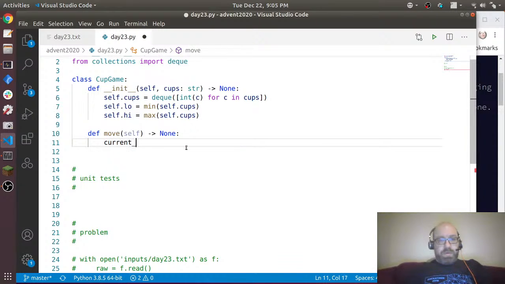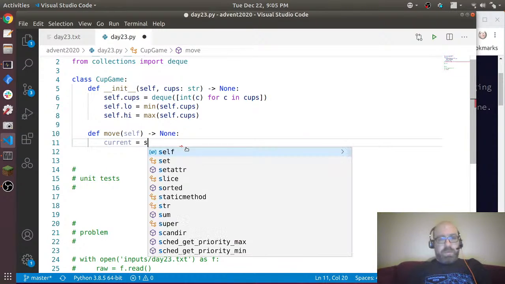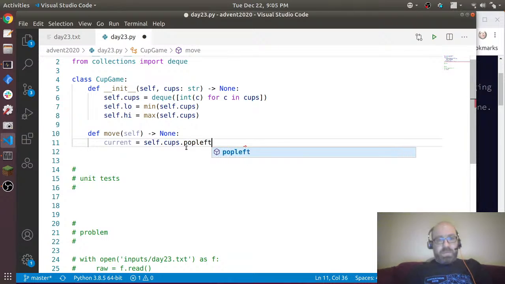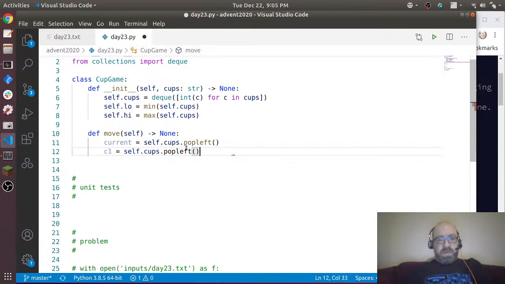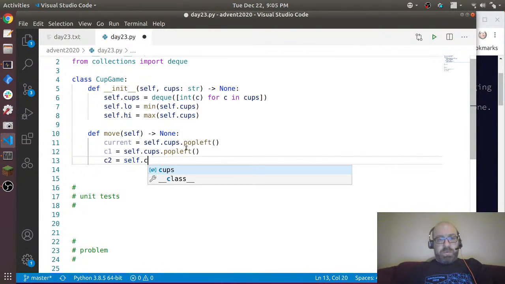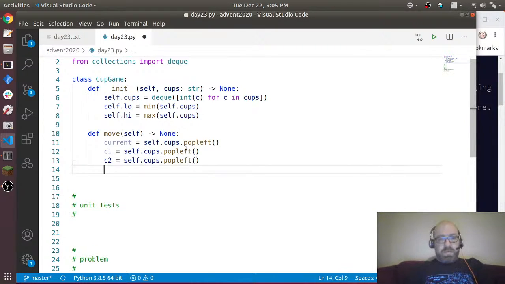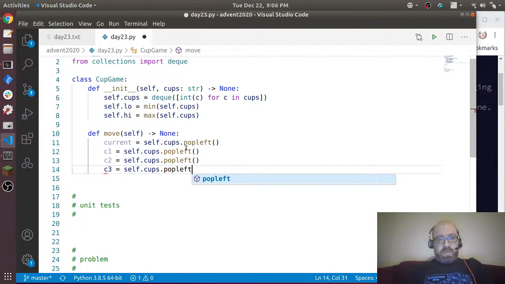Let's say current equals self.cups.popleft(), and now c1 equals self.cups.popleft(), c2 equals self.cups.popleft(), c3 equals self.cups.popleft().